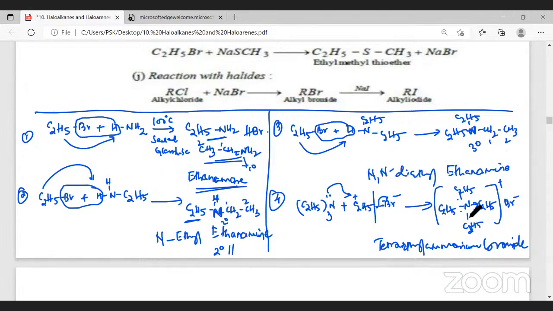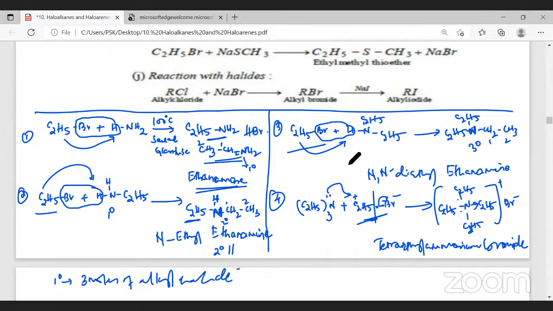Now this process is called ammonolysis. Now how do you differentiate primary, secondary, tertiary amine? So if you start the reaction with primary amine, finally for the formation of this molecule, it consumes 3 moles of alkyl halide. Primary amine will consume 3 moles of alkyl halide.